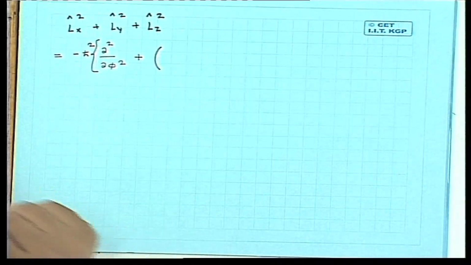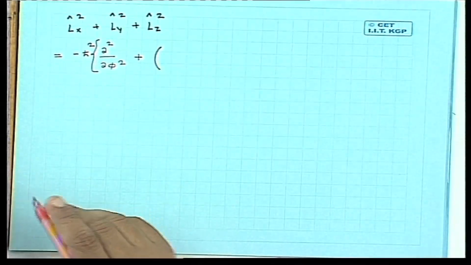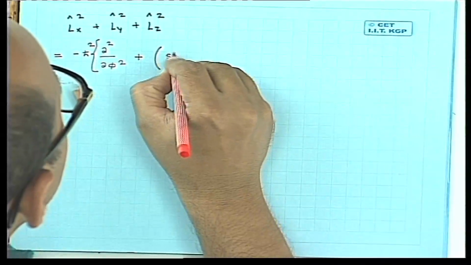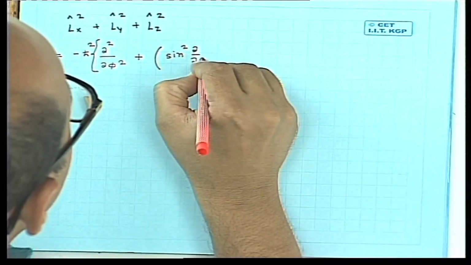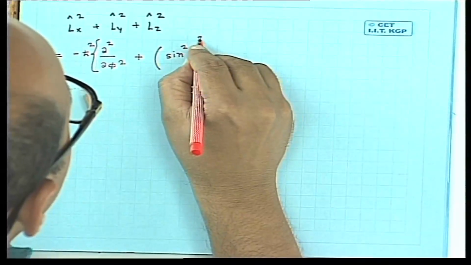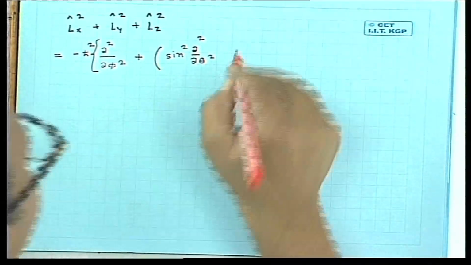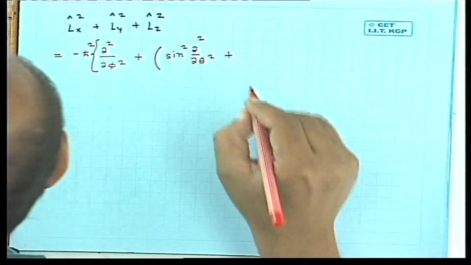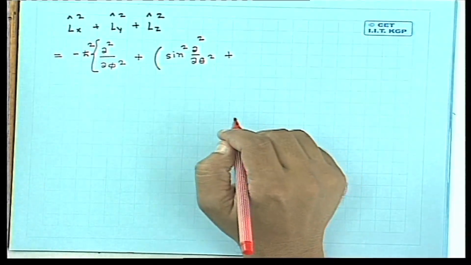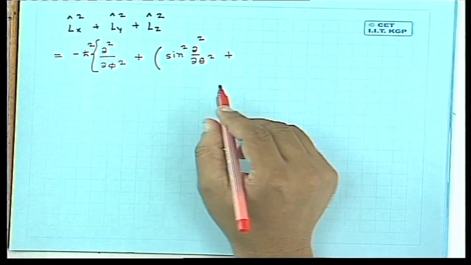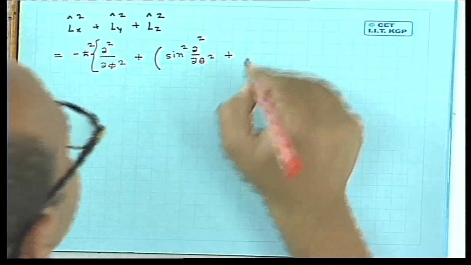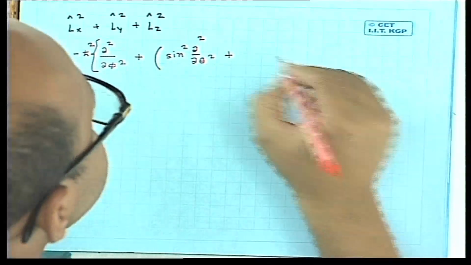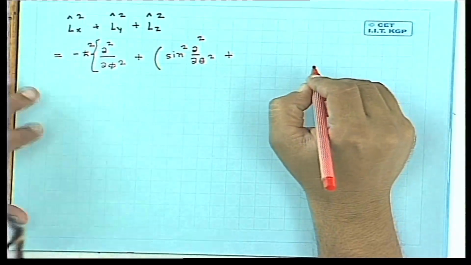So, the first term over here is going to be sin² φ into, and there will be one more term which is the square of the second. Let us see. So, there will be one more second term which is cos θ cos φ.